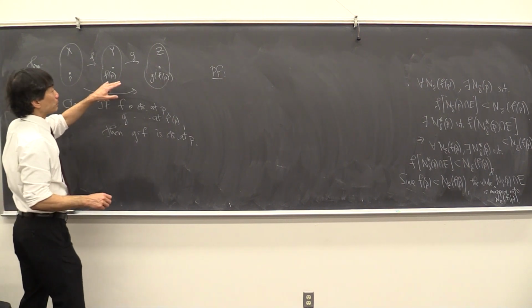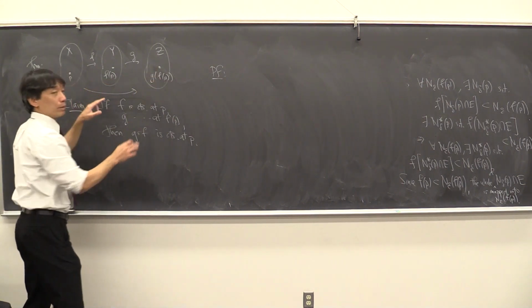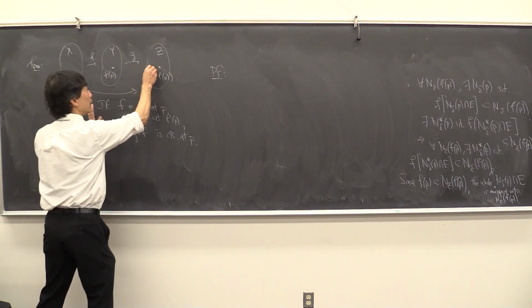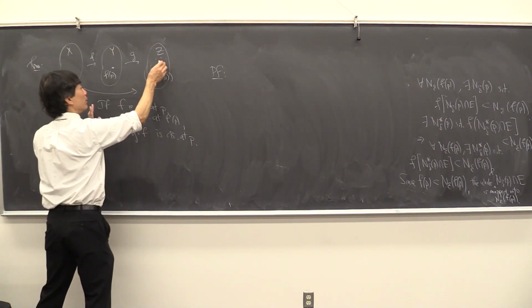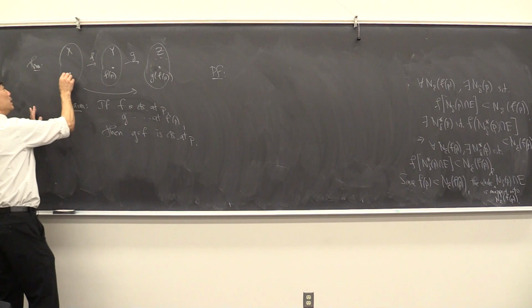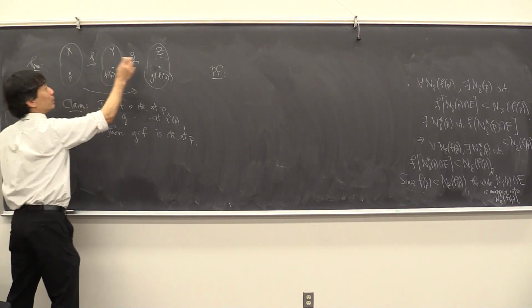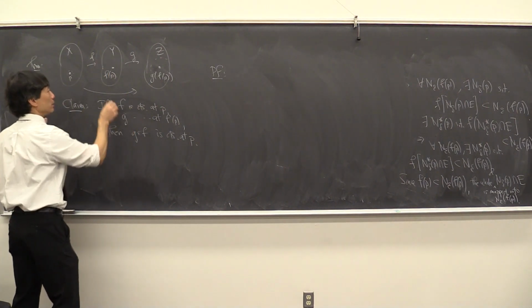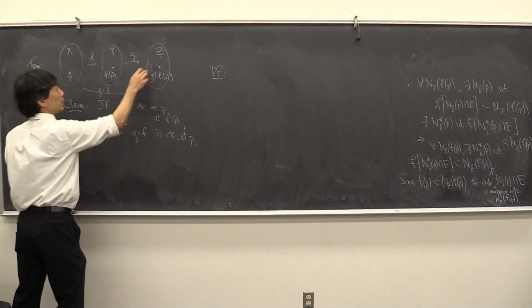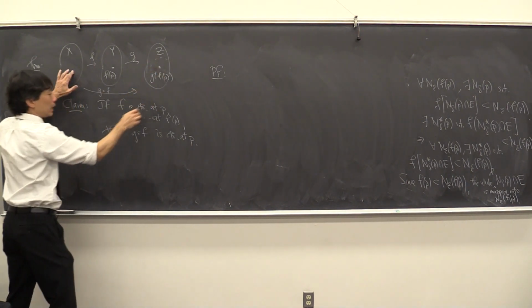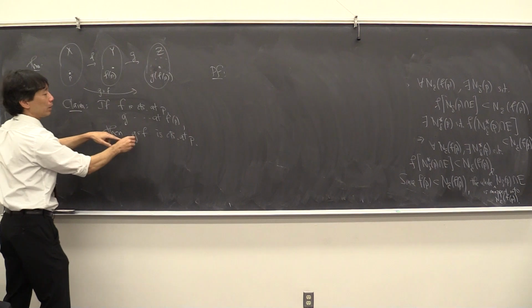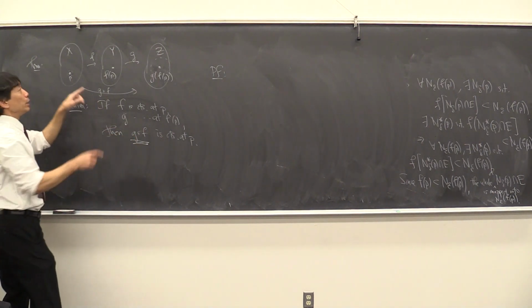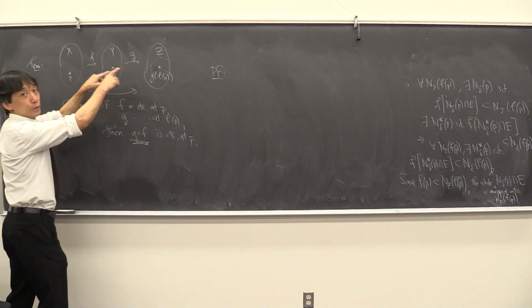So what do you want to show? Remember, you want to show that given any epsilon neighborhood around here, there's a delta neighborhood around here that gets mapped by the composition inside here. That's what it would mean to show continuity. You know you can do that for each individual step.